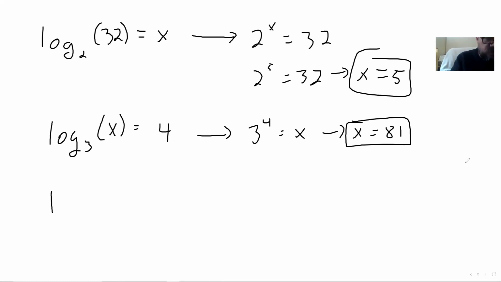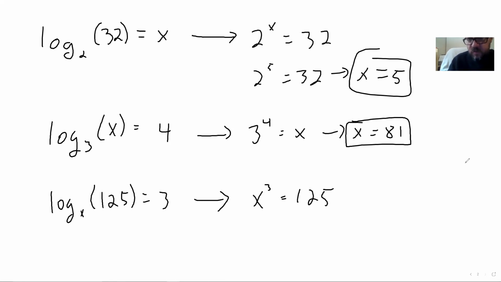Similarly, if I want to know log base x of 125 equals 3, that's the same thing as saying x to the third equals 125. So if you find out what number you raise to the third power to get 125, it's 5. So you end up with x equals 5 here.